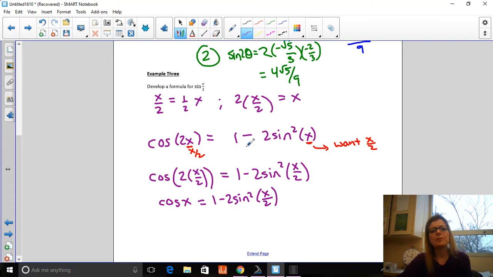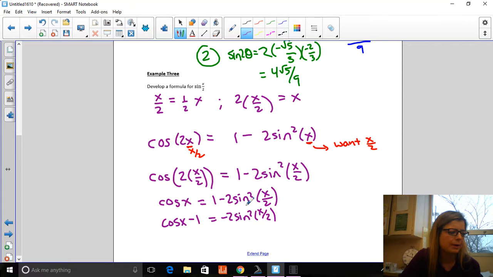Okay, so now how this is useful is that I am able to isolate sine of x over 2 and come up with a formula that I could always use for sine of x over 2. So I get cos x minus 1 equals negative 2 sine squared x over 2. Now I need to divide both sides by negative 2.